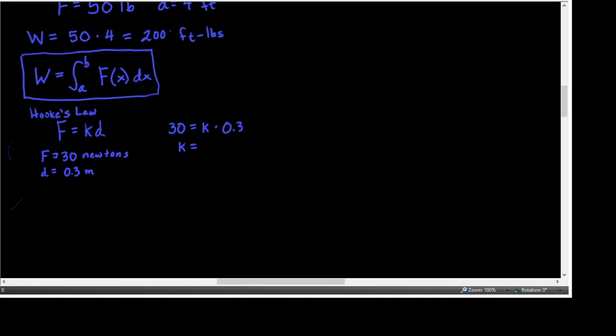So we get k equals 100, which implies for the rest of this problem, the force, and I'm going to use x as my variable, is going to be 100 times x, where x is the distance from the natural length that we might move the spring. Okay?